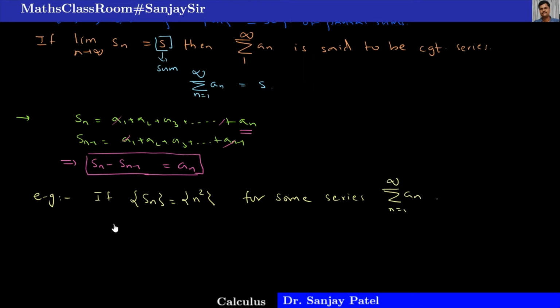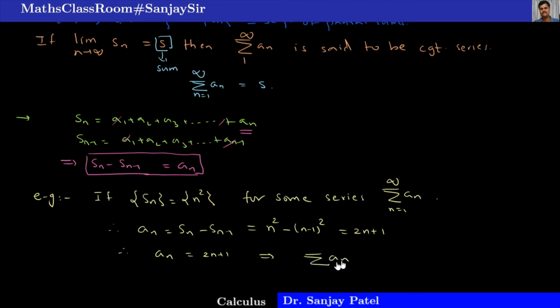In that case, we can write an is equal to Sn minus Sn minus 1 using this formula, and this we get now from the given sequence Sn of partial sums. Sn is equal to n square and Sn minus 1 is equal to (n minus 1) square. So if you simplify, n square will be cancelled, and you will get 2n minus 1. So the original sequence an is 2n minus 1.